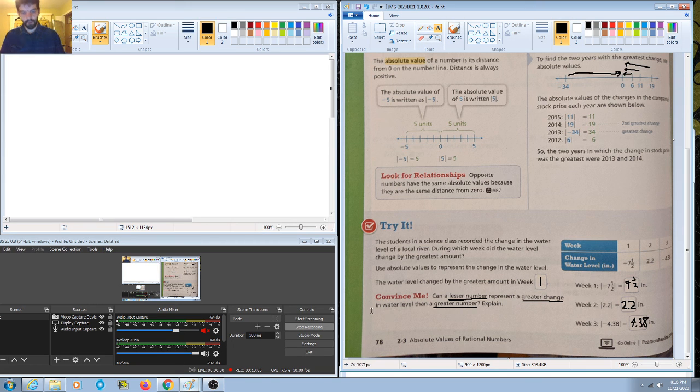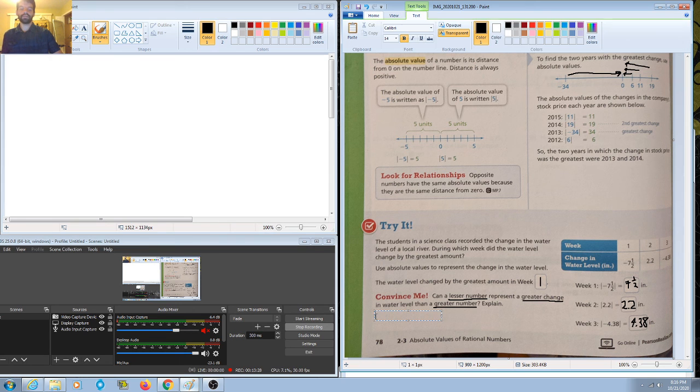Although we're looking at water level specifically in this question, what it's asking is: will the absolute value of a number that is less than another number possibly represent a greater change in water level than a greater number?